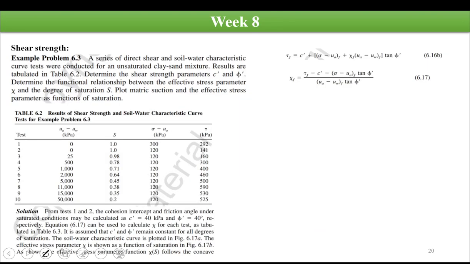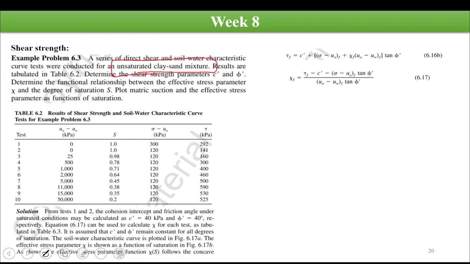Here we will solve one more example that will be on the same Dijkstra test, in which the matric suction is controlled, the controlled Dijkstra test. The question says that a series of direct shear and soil water characteristic tests was conducted for an unsaturated clay and sand mixture.